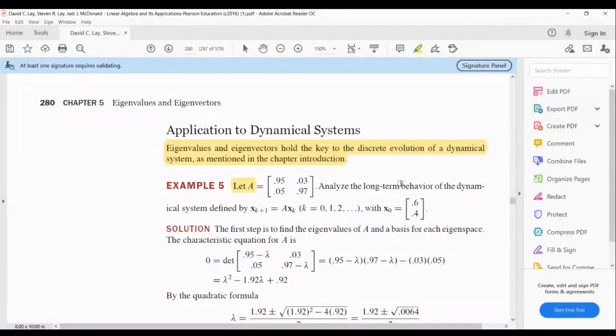And they want to analyze the long-term behavior of the dynamical system, where your initial population distribution is 0.6 and 0.4. Oh, didn't we do this? Didn't we do this very kind of question in section 4.9? Didn't we have an example with this exact matrix A and this exact initial population distribution? Absolutely. 60% of people living in the city, 40% of people living in the suburbs.